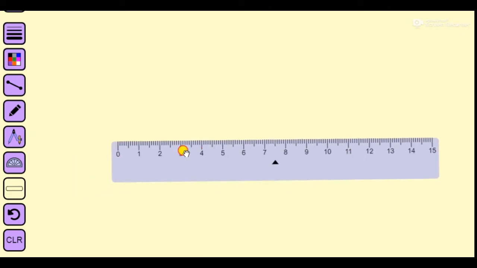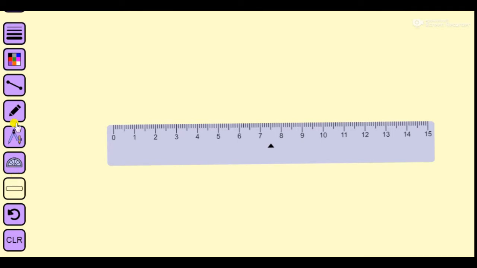Suppose your line is about 8 centimeters. Take your pencil, and you can see here it is 8 centimeters.